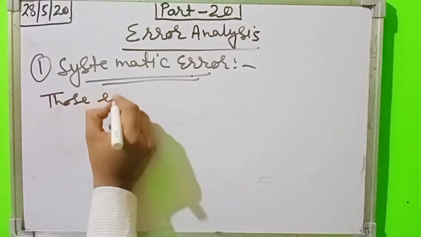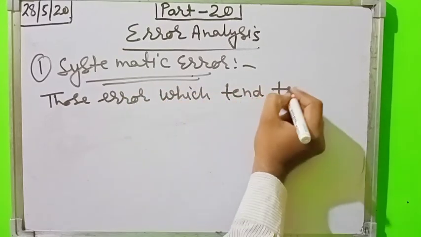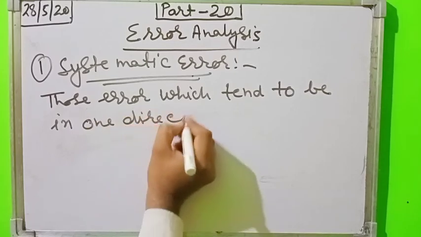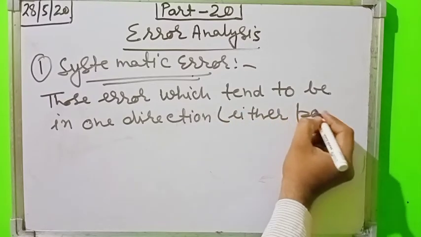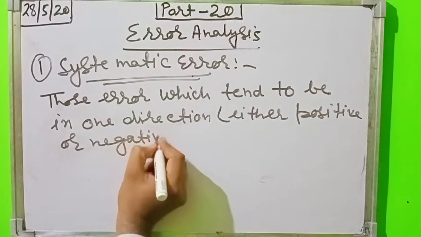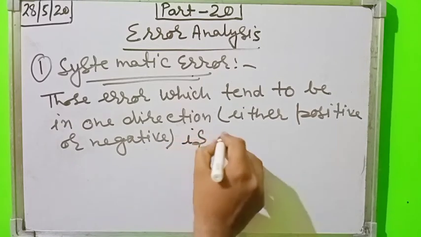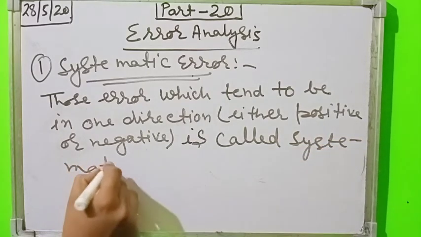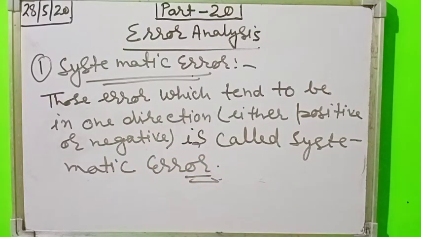Those errors which tend to be in one direction, either positive or negative, are called systematic errors.